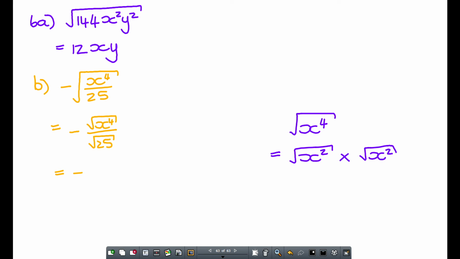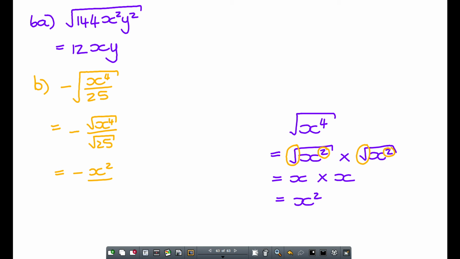Do you guys agree? Okay, and what's going to happen with that square and the square root? Cancel out. So I'm going to have x times, and there, same thing. This square and that square root is going to cancel out. So I'm going to have x. So your final answer will be x to the power of 2.